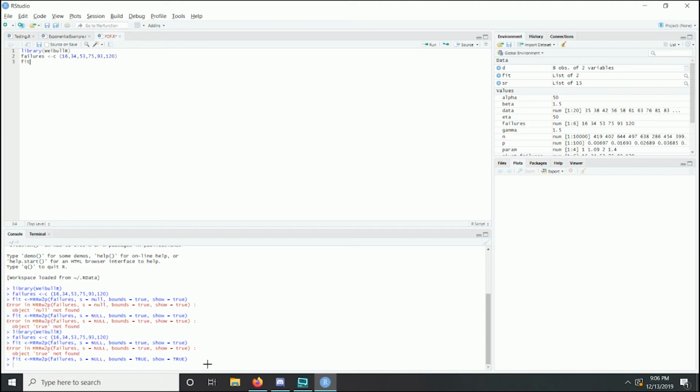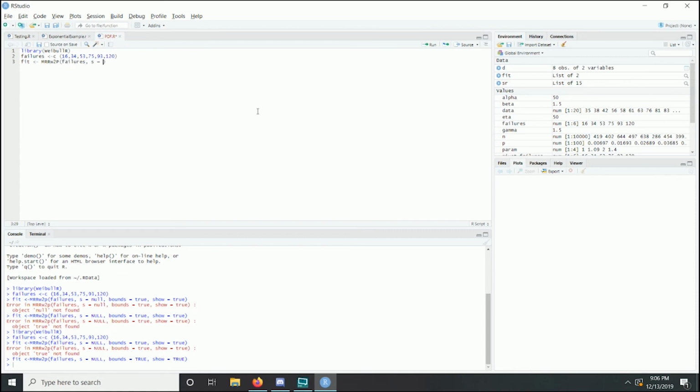Next thing we're going to do is make a best fit line, and we're going to use the mrrw2p function. As you can see, it's the determination of Weibull fitting parameters. So this is a function that allows us to graph a Weibull function with two parameters. Our parameters are going to be our failures, which we are graphing, and then we're going to set s equal to null.